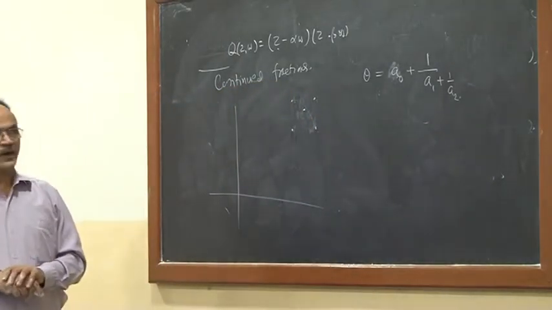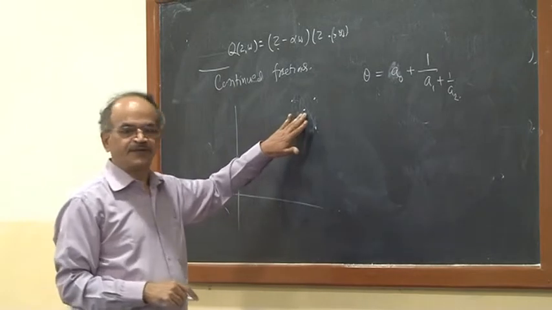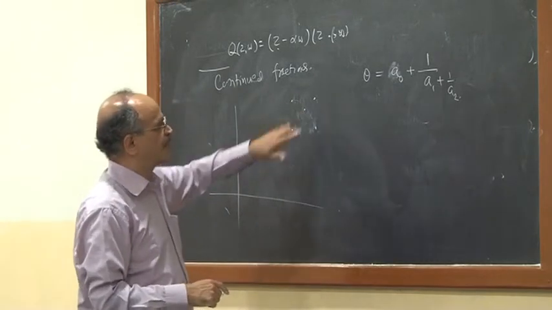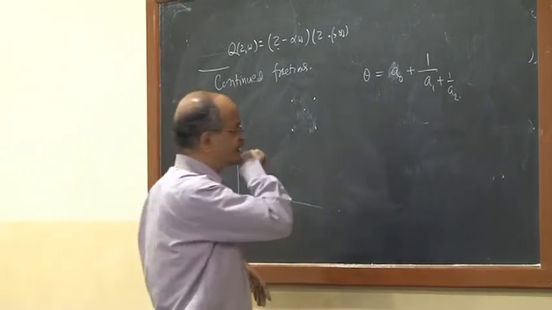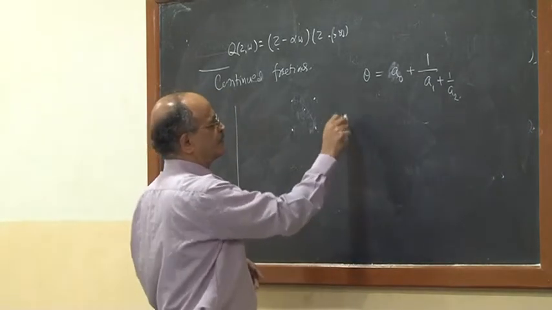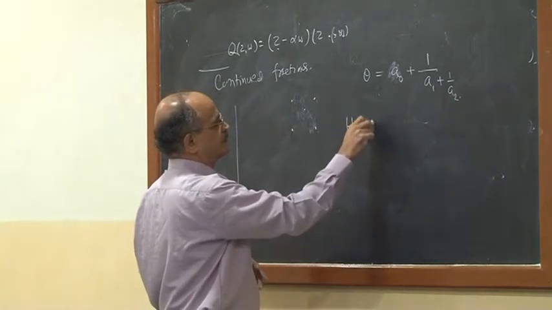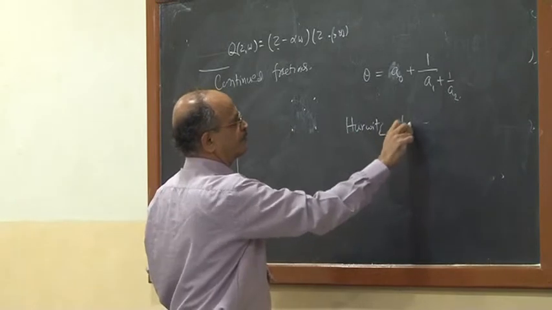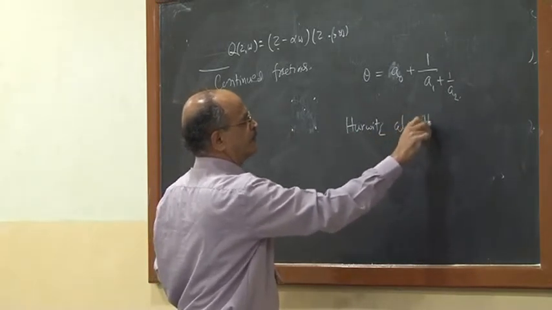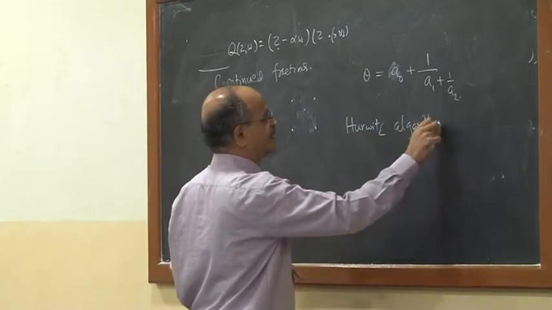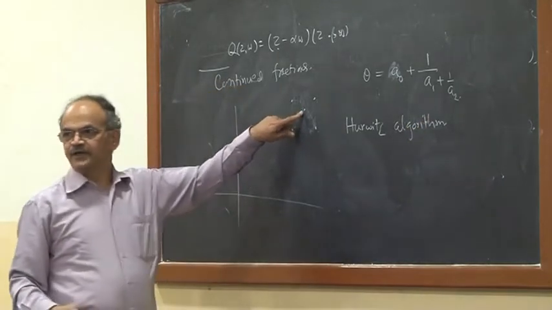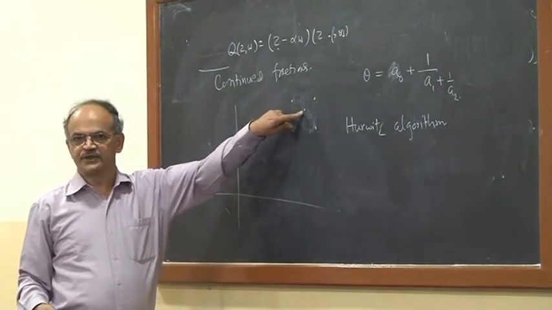One particular way of doing this, analyzed quite a long time back by Hurwitz in the 1880s, is the Hurwitz algorithm. That is simply to say that you pick the integer that is nearest to the number that you have.